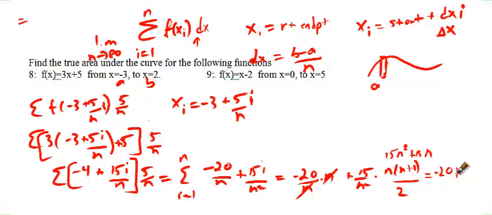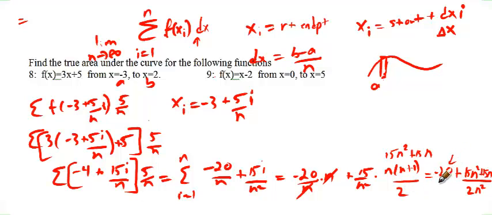But what I have to do in the end is remember I'm taking the limit as n goes to infinity because I want to come up with an infinite number of rectangles. n is the number of rectangles that you're seeing. So if we're doing an infinite number of rectangles, we're taking this limit.